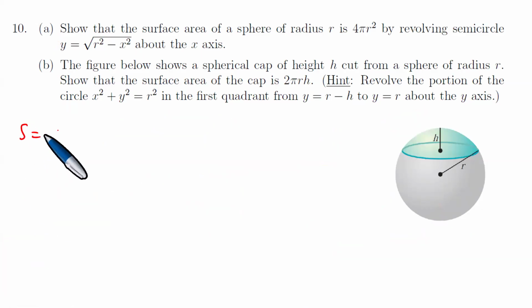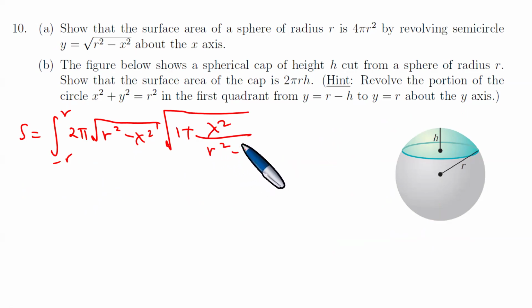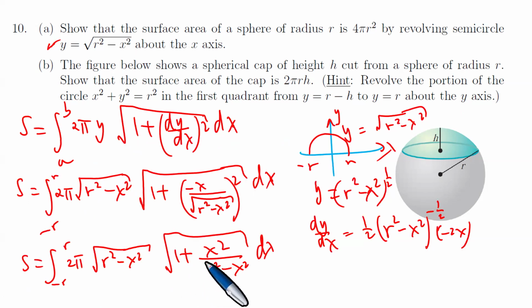So now S equals the integral from minus R to R of 2 pi the square root of R squared minus x squared, times the square root of 1 plus x squared over R squared minus x squared, dx. Take a look. It's 1 plus x squared over that. So this becomes sort of the surface area.